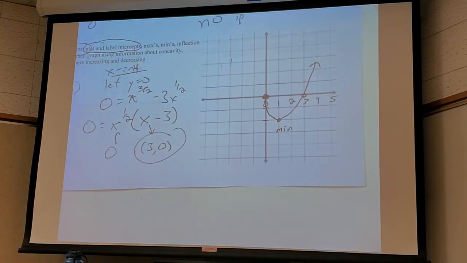Did anybody graph this in their calculator? And again, I highly recommend you don't graph it before you try to plot it. I need you to understand, if you make a mistake in your work, I want your graph to show that mistake.